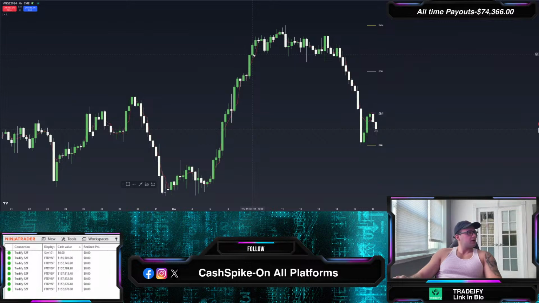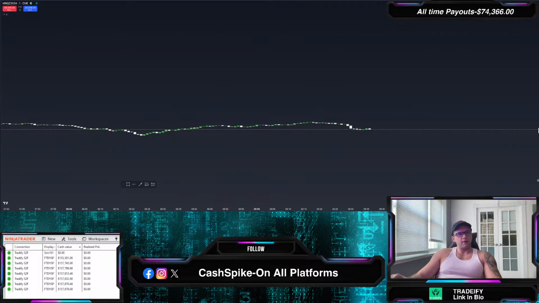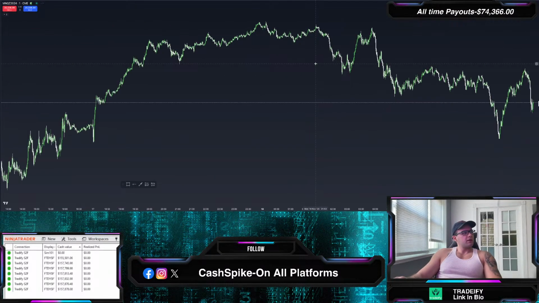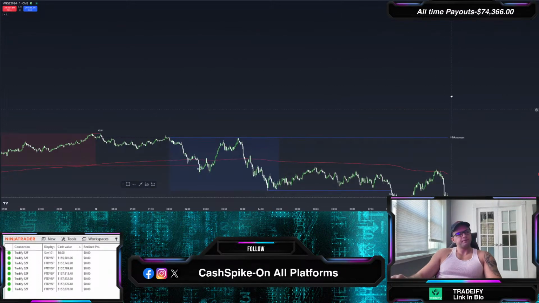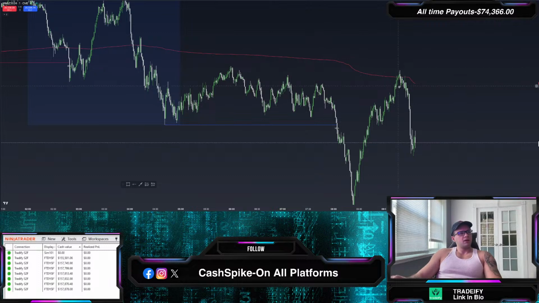We're using the VWAP indicator. I never use VWAP, trying to put it in there. It's a good indicator to see sort of support and resistance. If you look at the VWAP, it acts like a support and resistance most of the time.